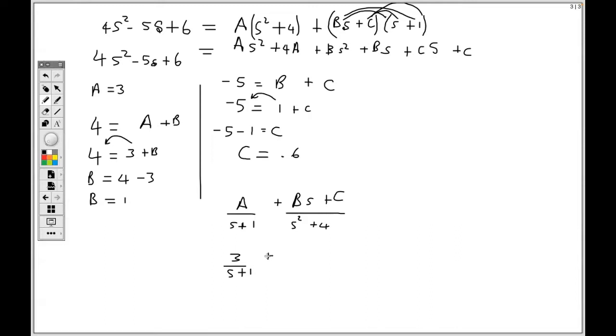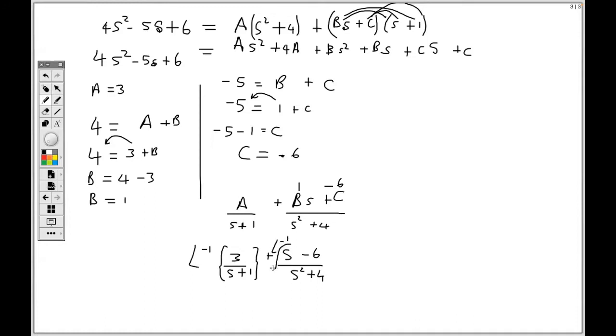And I also know b and c. So b is 1 and c is minus 6. So I will have s minus 6 all over s squared plus 4.